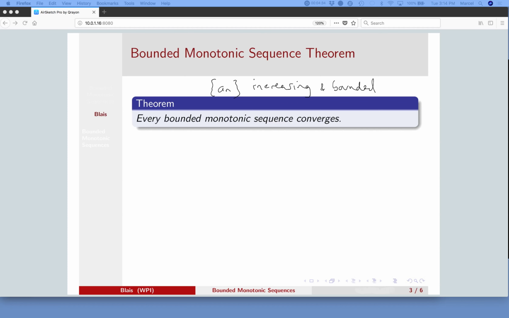Then let's draw it, the same sort of setup as the previous page. That last picture was not monotonic, it was bounded.